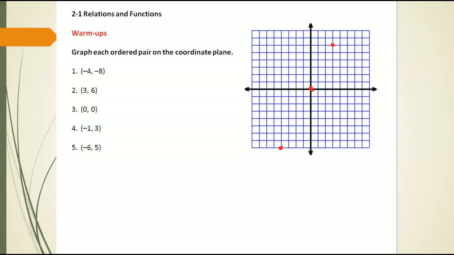That point is known as the origin. And then we have -1, 3. That's in quadrant 2. And we have -6, 5.